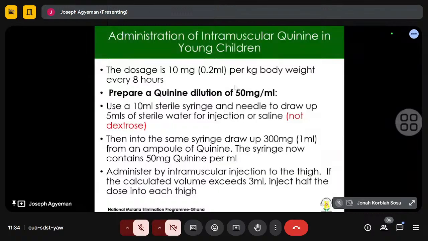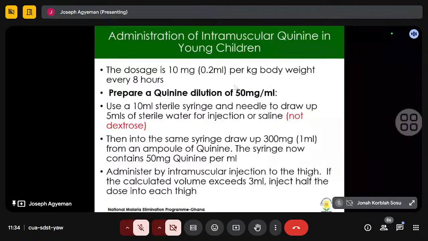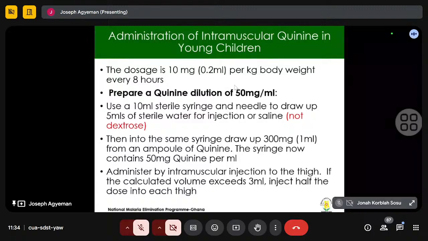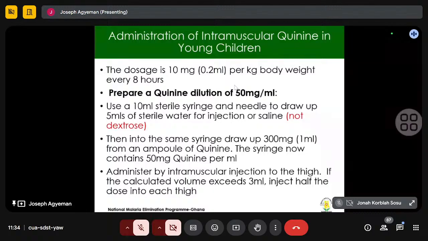I repeat, for pediatrics, if per the weight, the required dose as compared to the diluted solution prepared will be more than 3 ml, divide that volume of the diluted solution containing the required dose into 2, once it is more than 3 ml, and inject into separate IM sites simultaneously. So please continue from there.